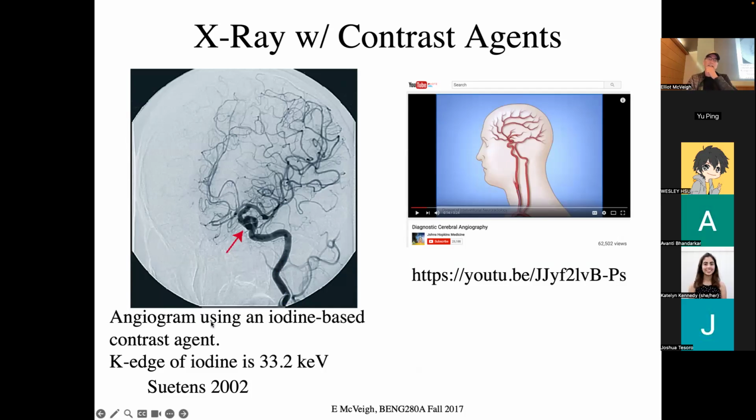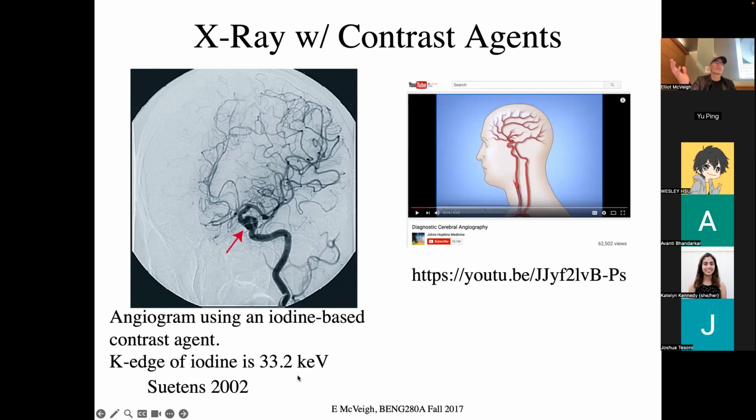The interesting thing here is that, as you can see, all of the background attenuation seems to be gone. The reason is they've obtained two pictures very close together in time. They first take one picture below the K-edge and one picture above the K-edge of this contrast agent.